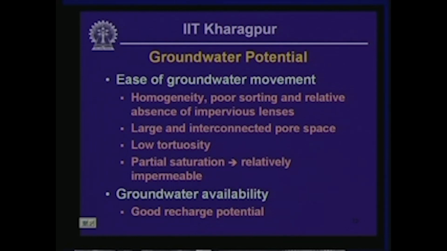You also need groundwater availability to have good groundwater potential. If a soil deposit meets all the things that we discussed in the previous list, but has no possibility to get recharged with groundwater, then that particular volume of soil cannot act as a potential source of groundwater.